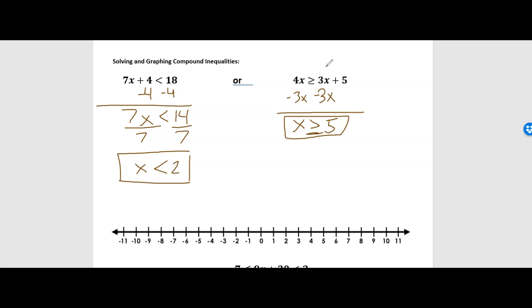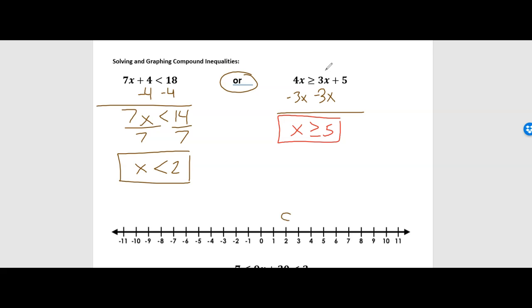So let's now graph these. And actually, let me put these in 2 colors, just so our graph stands out more. So we have x is greater than or equal to 5. So let's graph the brown one first. We know that this is an or inequality. So we have x is less than 2.